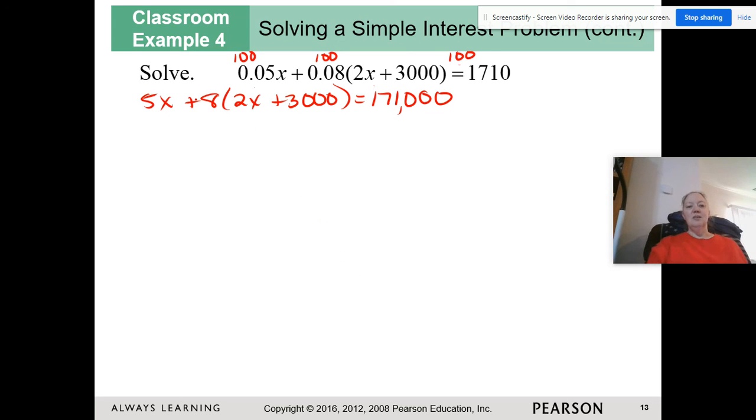All right, so we're going to solve it. We're going to distribute the 8. So 5x plus 16x plus 24,000 equals 171,000. Combine like terms, 21x.